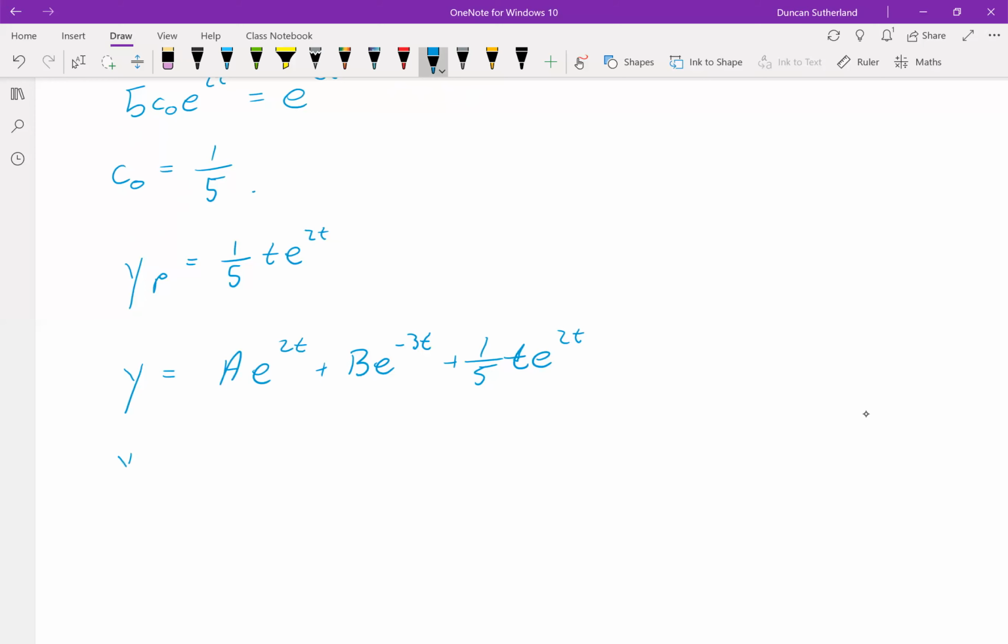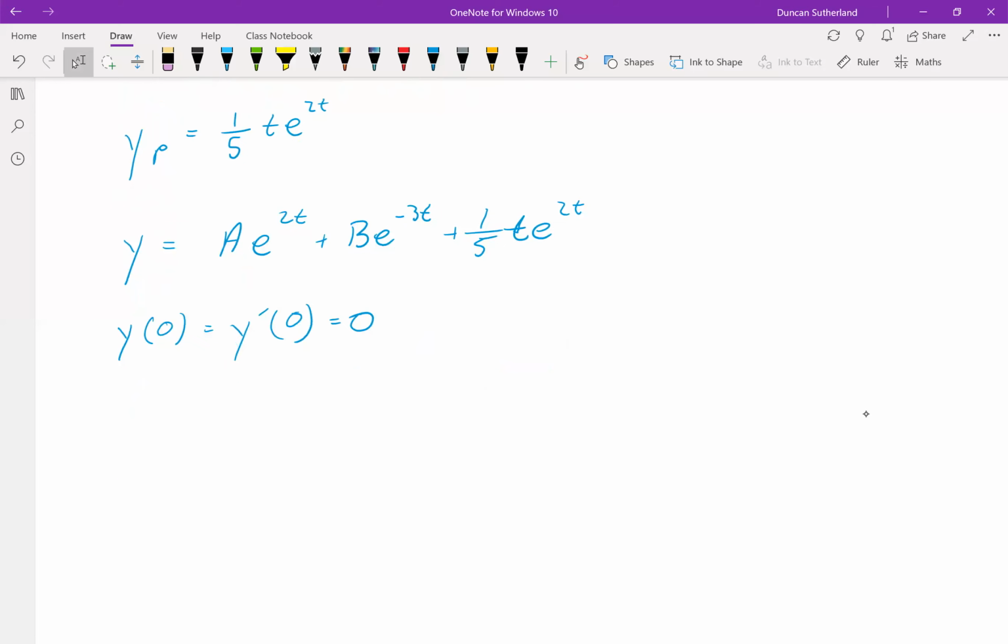Now I had some initial conditions, so I better plug them in now. So I'm going to stick in my first condition, y of 0 equals 0. 0 equals a plus b plus nothing, because we've got a 0 out there.